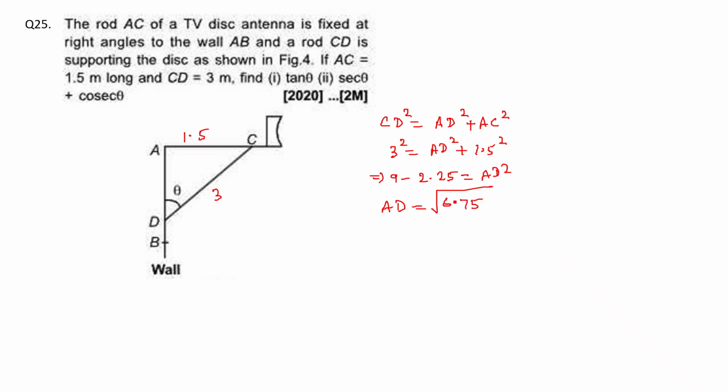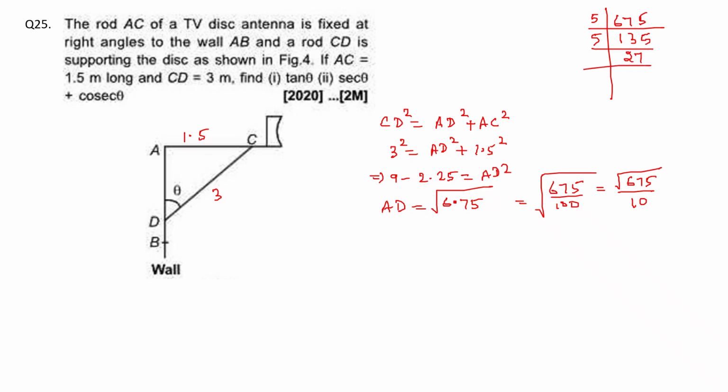6.75. Now 6.75 I can write as 675 by 100. So it will be root of 675 by 10. So let's do the prime factorization of 675. So first we can use the 5 table. 5 ones are 5, 5 threes are 15, so 135, again 5 table, 27, then 3 times 9, 3 times 3.